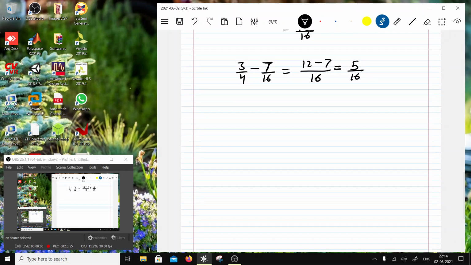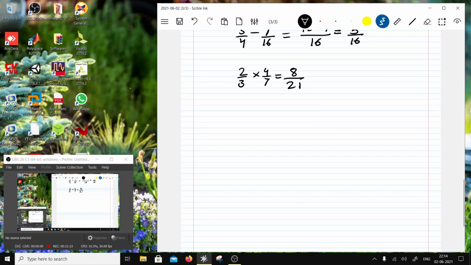Now let's say if I want to do multiplication, so it is 2 by 3 multiplied by 4 by 7. So in this case you see nothing cancels on numerator and denominator, right? So I have 4 2s are 8, 7 3s are 21. So that's the answer. Now if I was to do the division of these numbers, 2 by 3 divided by 4 by 7, then that can be written as 2 by 3 multiplied by 7 by 4.